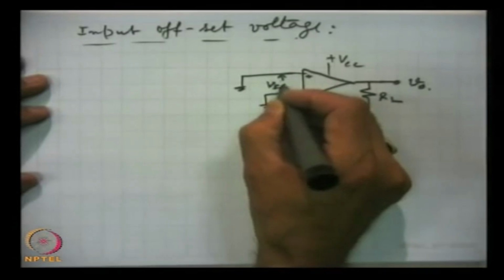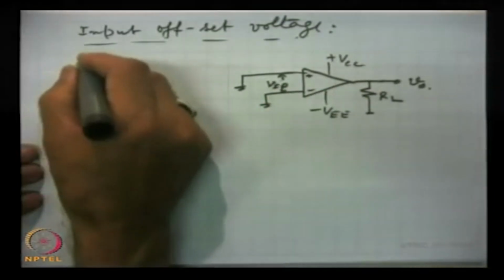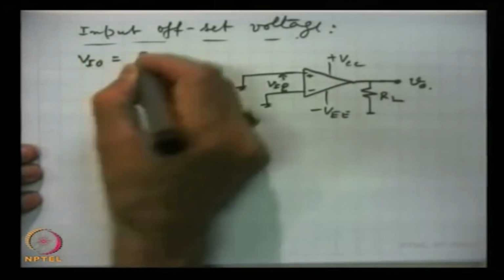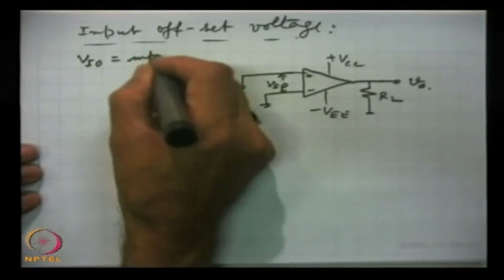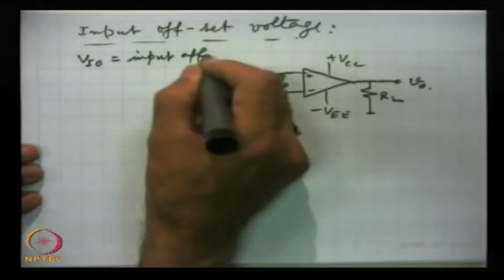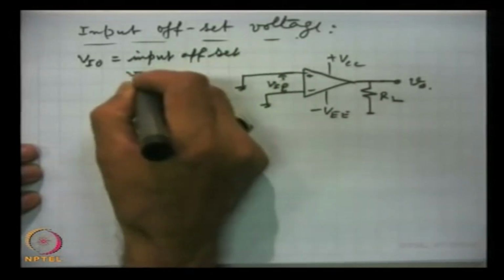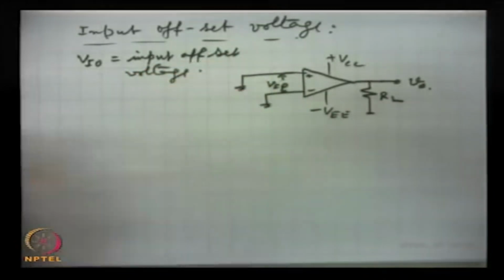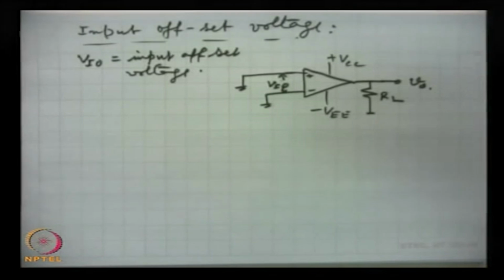VIO, offset, VIO is the input offset voltage, and again this arises because of the mismatches.